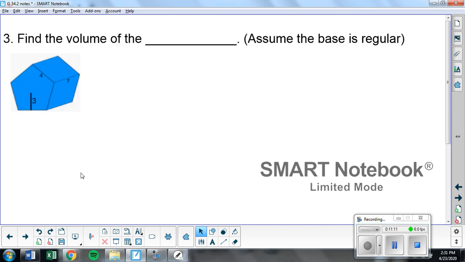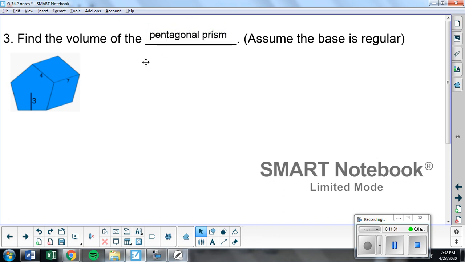Number 3. Find the volume of the blank. What is this called? This is a 5-sided figure called a pentagon. And there's a pentagon in the back. You just can't see it. So it's a pentagonal prism. What does this mean?